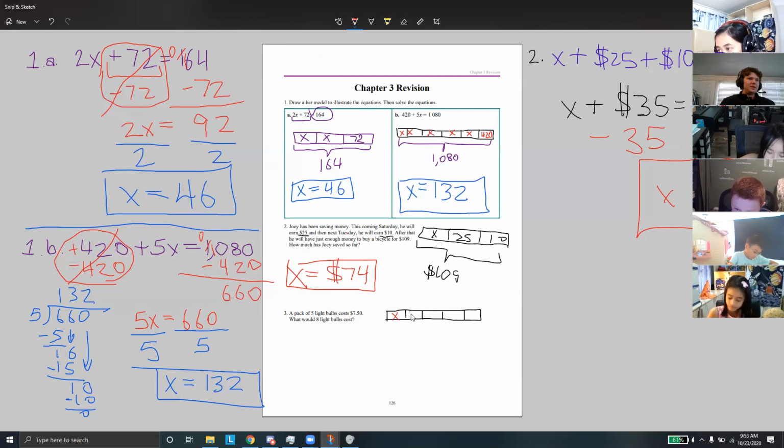We don't know how much each one is, so just X. And they all add up to $7.50. So how we could write this equation is 5x equals $7.50.